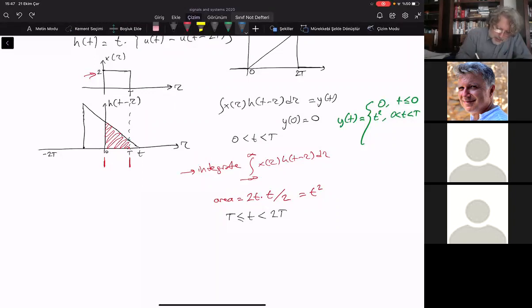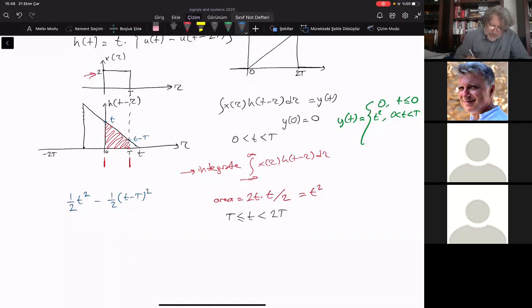So what is the larger triangle area? This point here is t minus capital T, and this point here is t, heights of that. So the small green area that I will subtract is 1/2 (t minus capital T) squared. This is the area of the small green triangle. And I will subtract it from t squared, which is the blue triangle, the larger blue triangle, 1/2, of course.